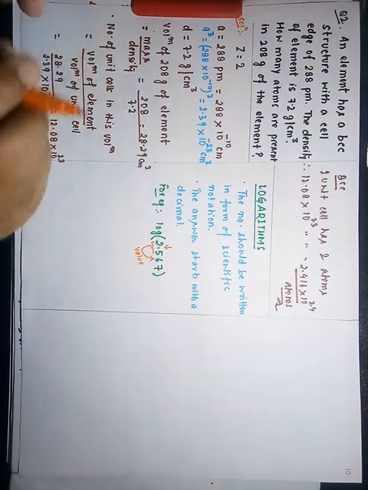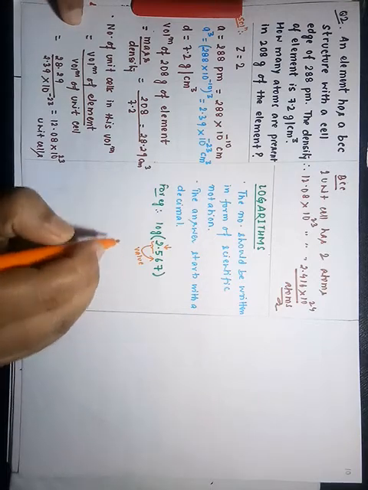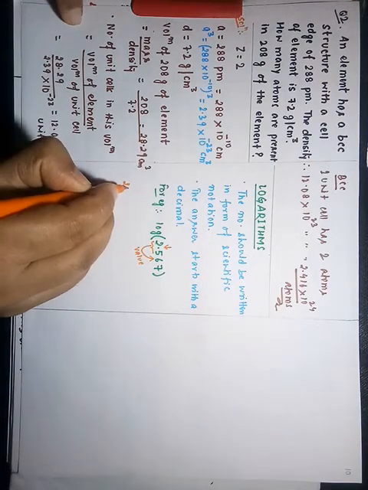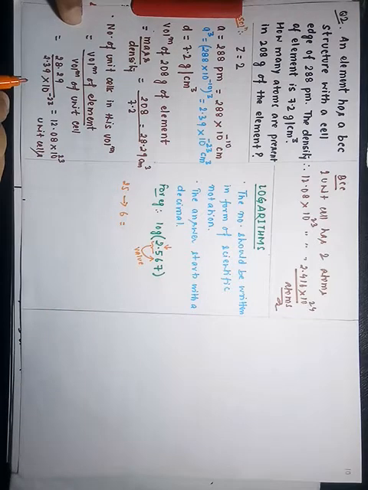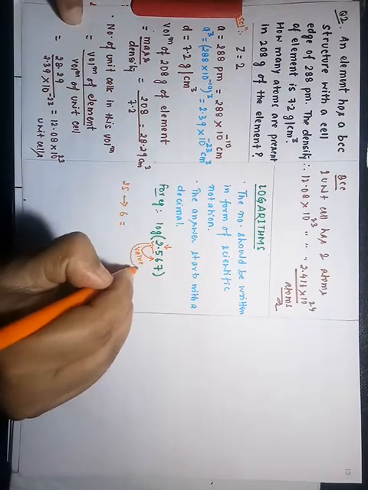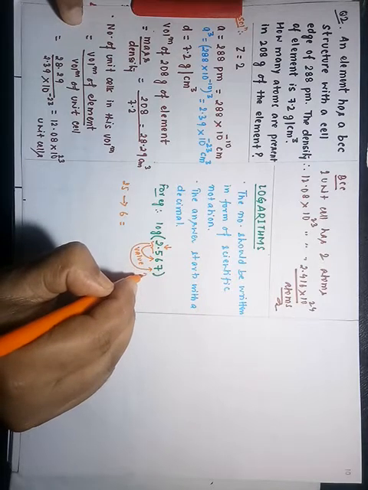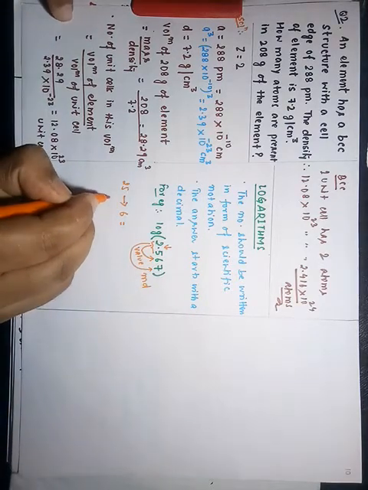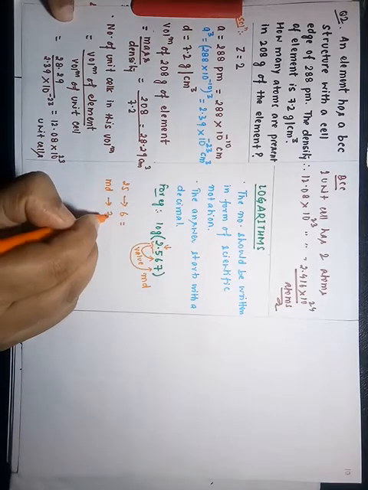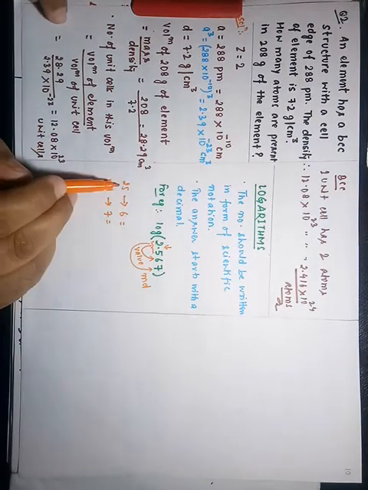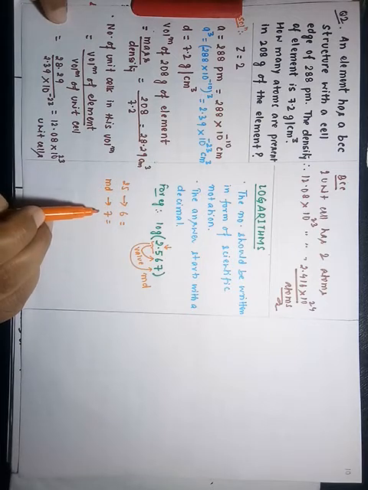So we will see the value of log 25 in column 6, and for the next digit we will see its mean difference. MD stands for mean difference. Mean difference we will see in column 7. So we will see the value of 25 in 6 and the mean difference in 7 of 25.